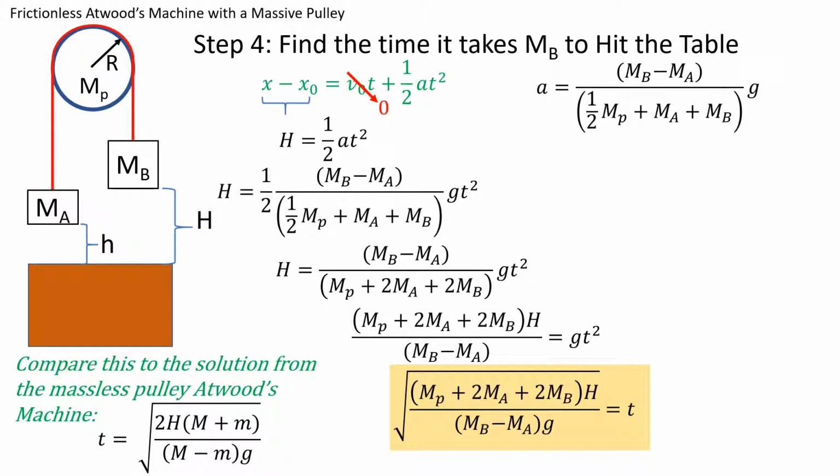So the time for the massive pulley is bigger. In the denominator we have the same thing, the difference in the masses. So because we've added something to the numerator, the time it takes is longer than with the massless pulley, which makes sense because it takes more time to get that pulley rotating.